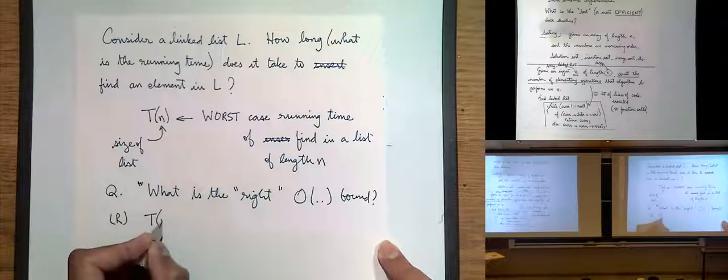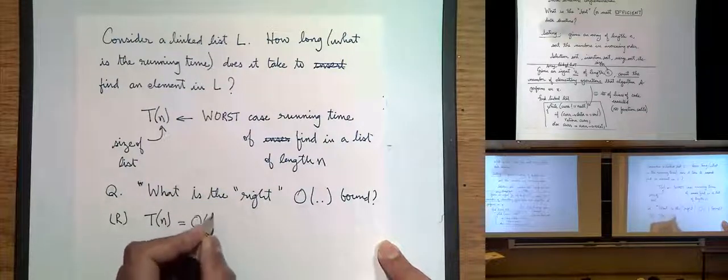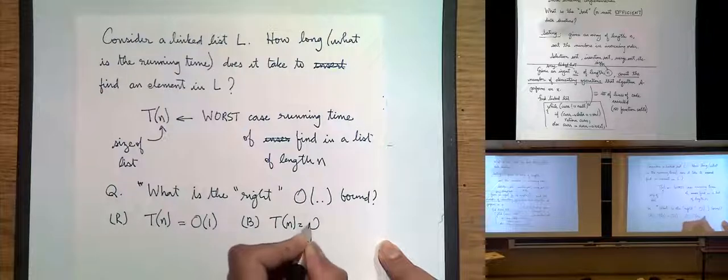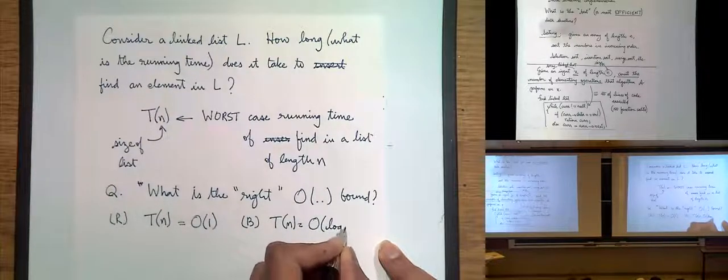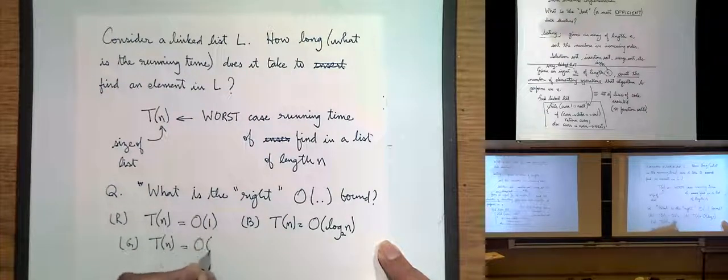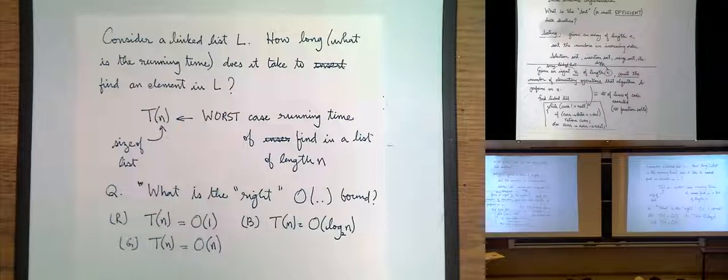So is T of n O of 1? Is T of n O of log base 2 n? Or is T of n O of n? What is the right bound? This might be something that you're familiar with if you've seen it before.